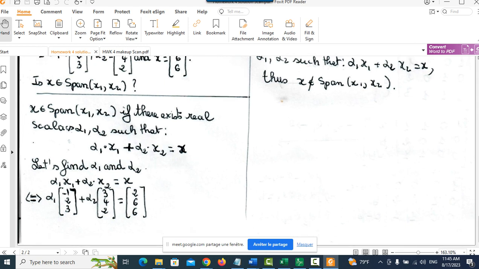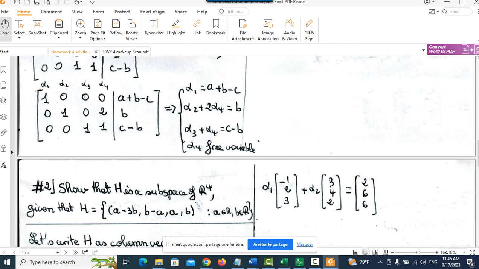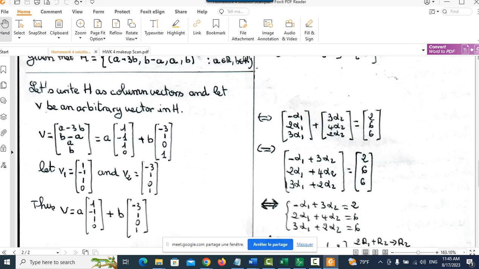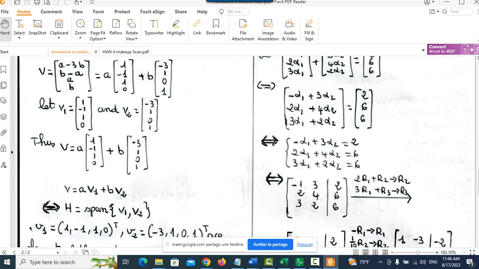So let's try to see if those coefficients exist. I write alpha 1 times this vector x1, plus alpha 2 times this vector x2, equal to x. Then I multiply alpha 1 by this column and alpha 2 by this column, add things, and obtain this system.